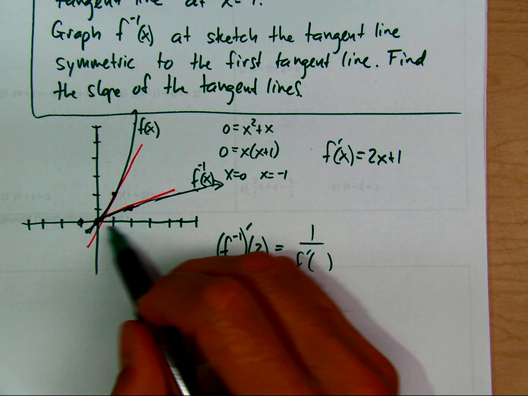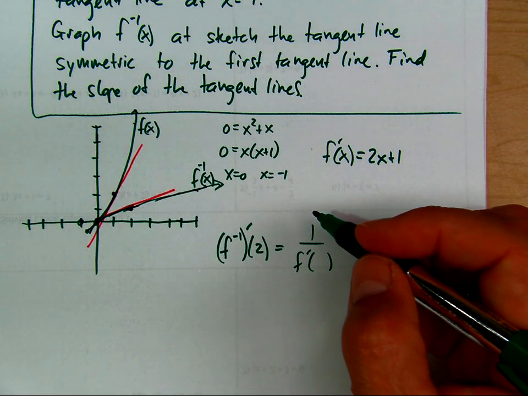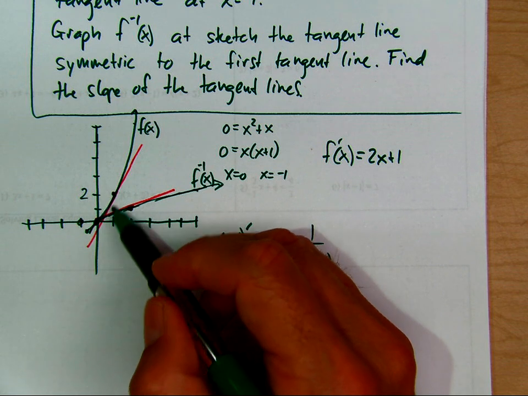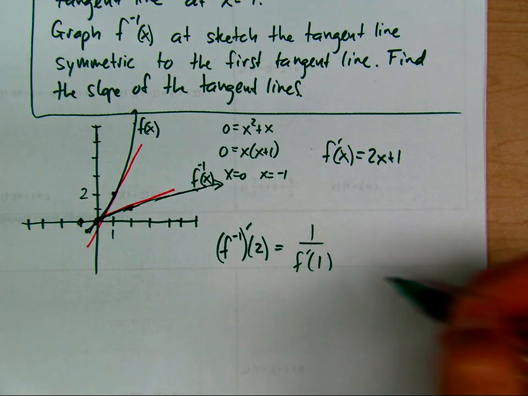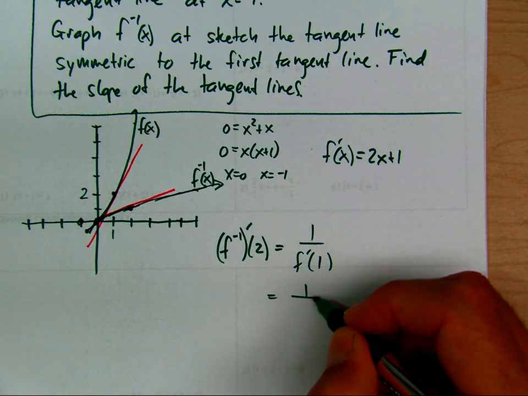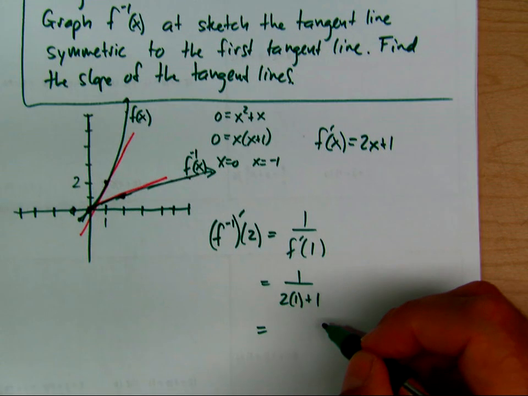So if the x value of the inverse is 2, we need to find out the x value when we have a y value of 2. So we need this to be a 1. F prime, so it'll be 2 times 1 plus 1, and we get 1/3.